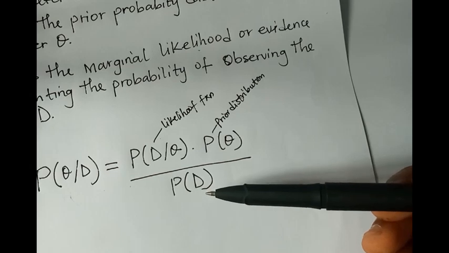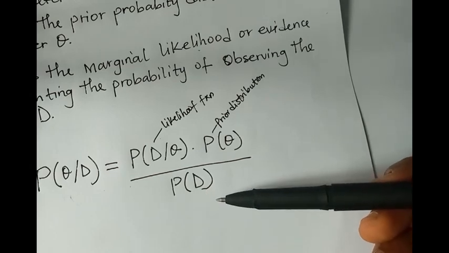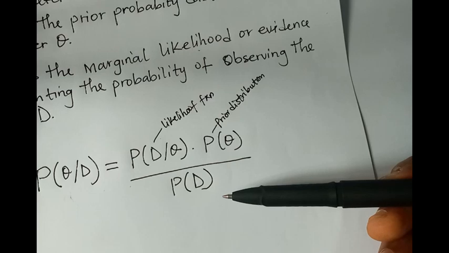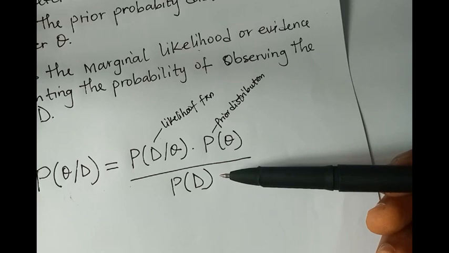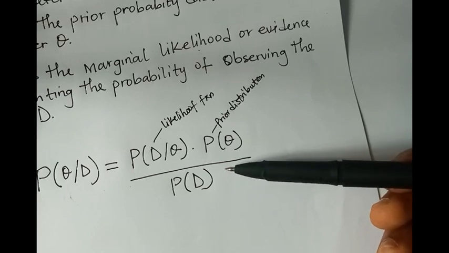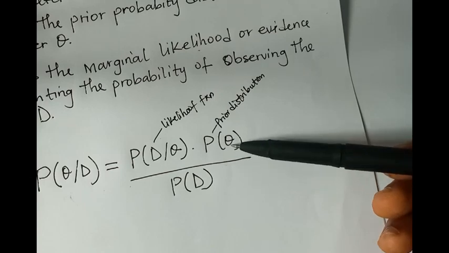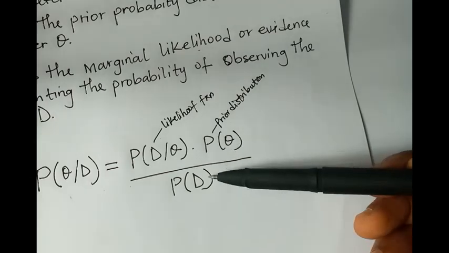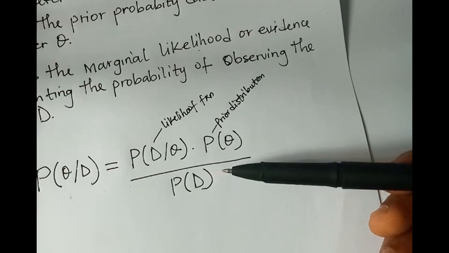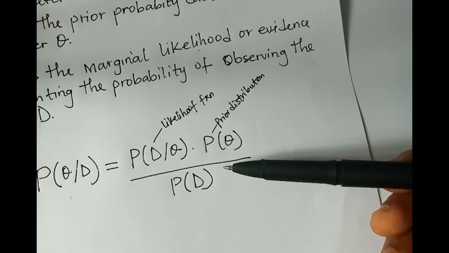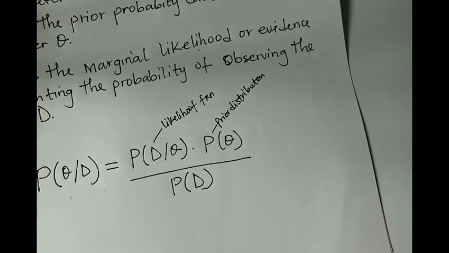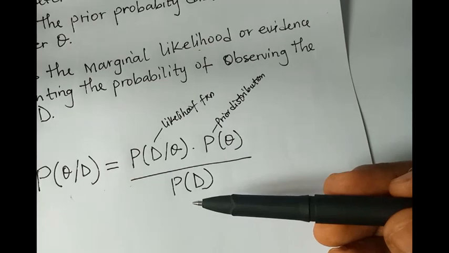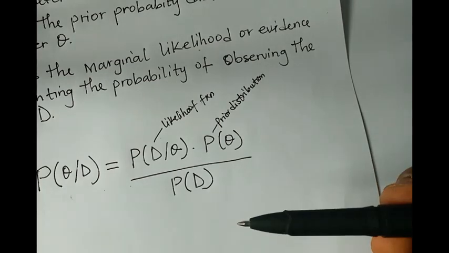We should also understand that this marginal likelihood, or the evidence representing the probability of observing the data given, will be over all the possible values of, in this our case, theta. So that is how we can solve for the posterior probability.